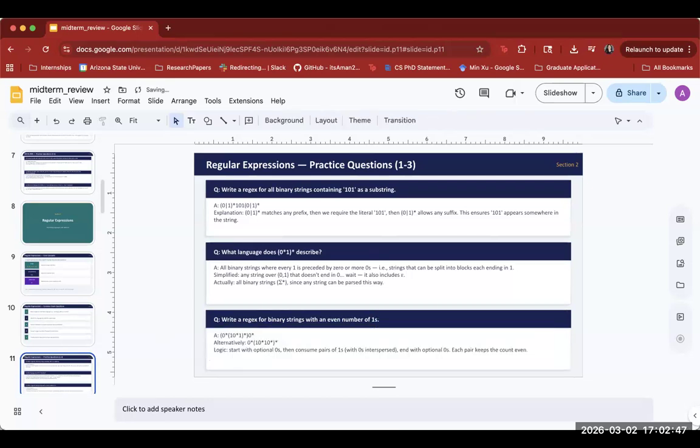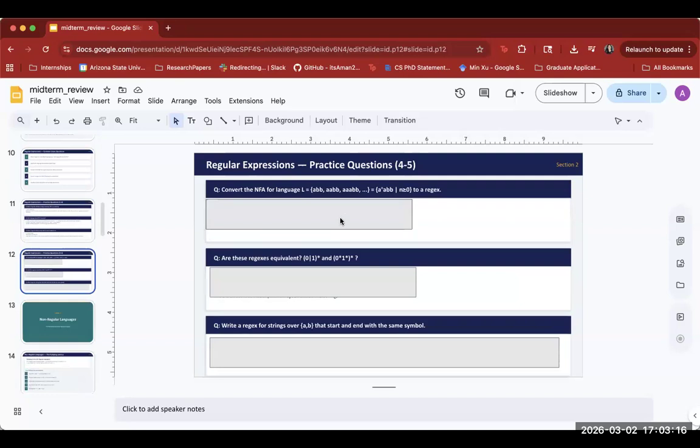And then writing a regex for binary strings with an even number of 1s. So you would basically have two 1s defined in your little substring inside the regex that you could also multiply using the Kleene star. And then on opposite sides of the substring, you could have zeros as a Kleene star as well.